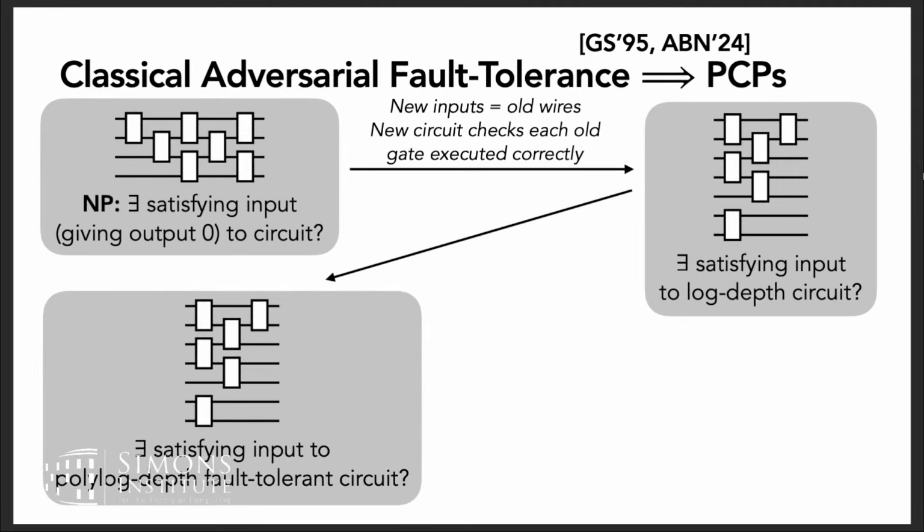Great. So the key step is the next one. We take this log depth circuit and run our fault tolerant compiler on it, and we get a fault tolerant version of the same log depth circuit. Assuming our fault tolerant scheme has polylog depth overhead, this new circuit is polylog depth.